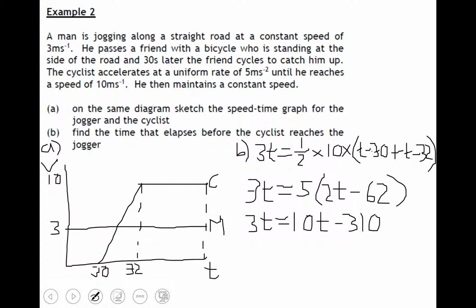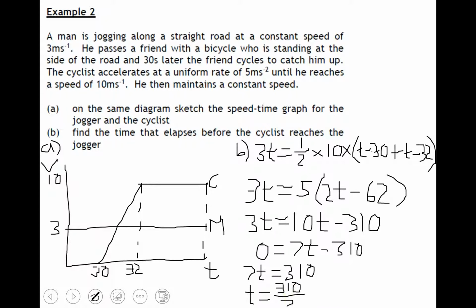Take 3t from both sides, zero equals 7t minus 310. So 7t equals 310, t equals 310 divided by 7, whatever that gives us in seconds.